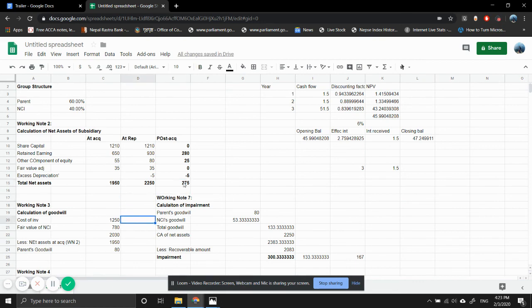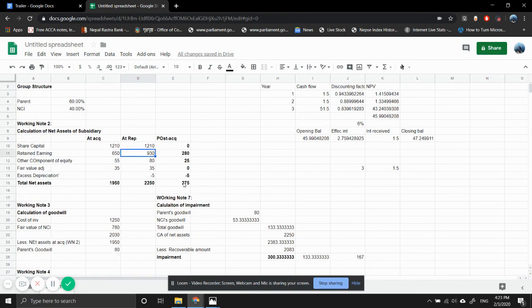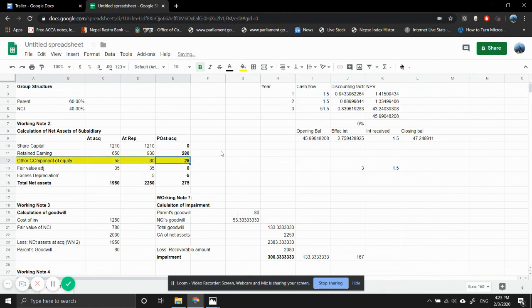It's always confusing when there is other component of equity. Okay, so what we need to basically do is that this movement in other component of equity should be separated out. Okay, the one that I'm highlighting, it's separated out. We assume that it's not within its part. So what I did over here is that I only took the changes in share capital, retained earnings, and fair value adjustment.